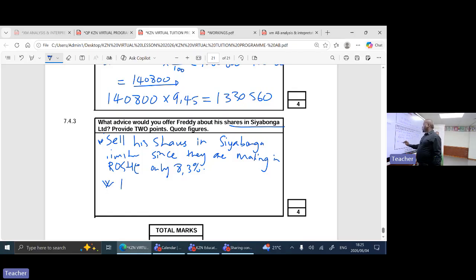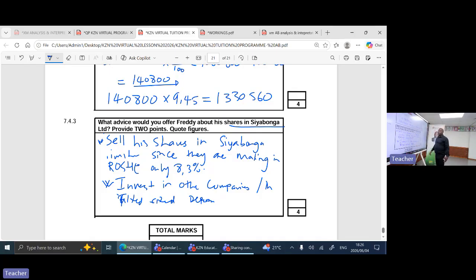Then point number 2, invest in other companies or in interest, in fixed deposit, in other companies or in fixed deposit. So fixed deposit is going to give him Ubani or 8.5%, not the 8.3% he is getting with the company Siyabonga. Right, so it was Jen, supposed to be Jen here. All right, the question is done.